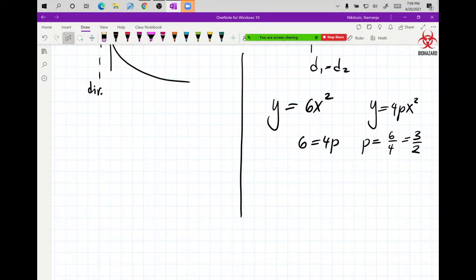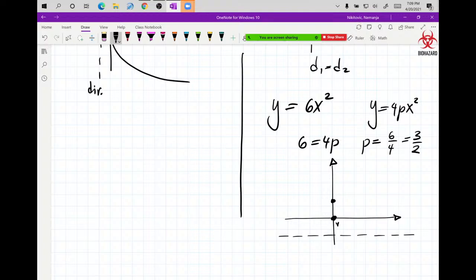So to graph this parabola, we are going to write it with all of its features. We know that the vertex is at the origin, which is 0, 0. Now, the directrix is going to be 3/2 down, 1.5, right? So we're going to draw the directrix as this line here. And then the focal point is at 1.5, which is 3/2 above the vertex.